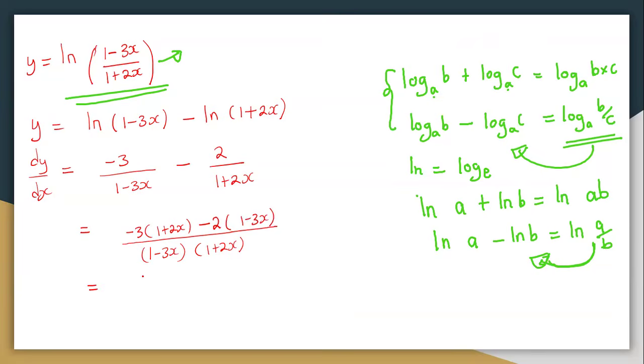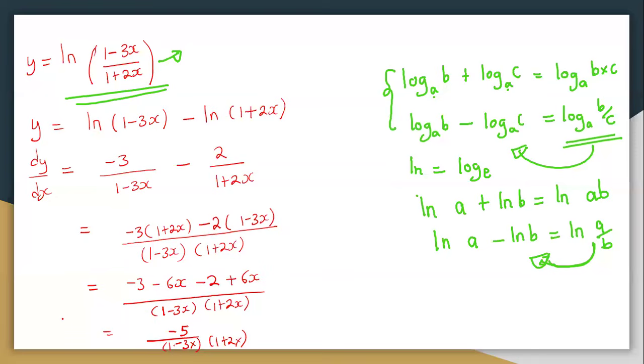So we can open the brackets to have -3 minus 6x minus 2 plus 6x, over (1 minus 3x) multiplying the bracket of 1 plus 2x. So up there we notice -6x zeroing out with +6x, so we only have -5 over (1 minus 3x)(1 plus 2x). Okay, thank you. We can stop at that point.